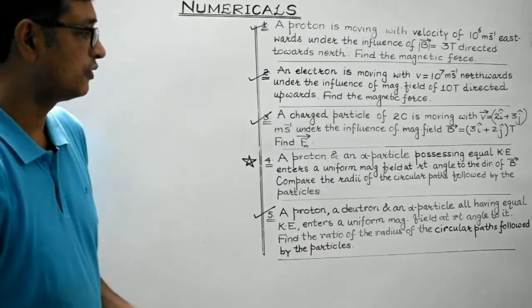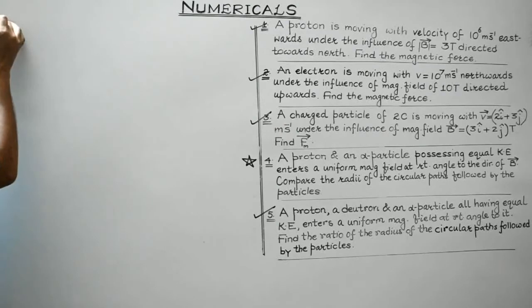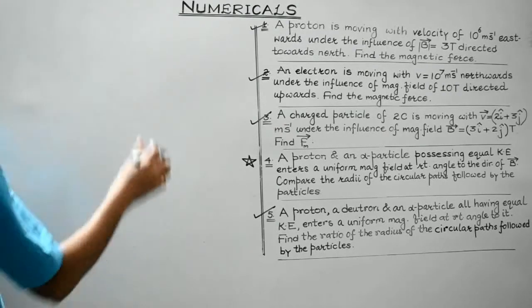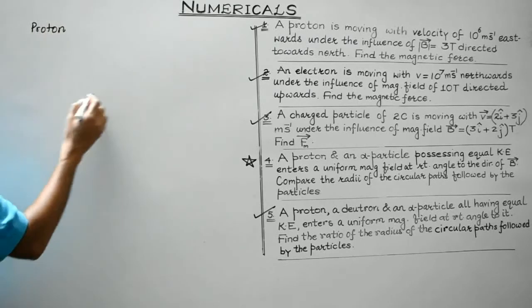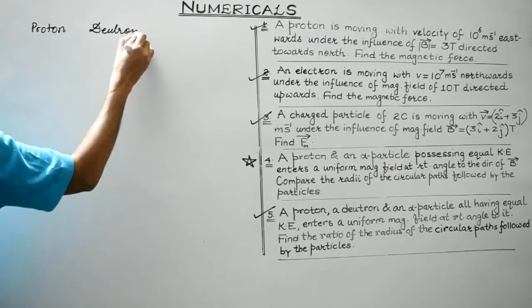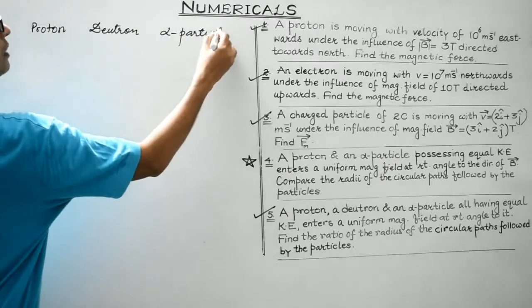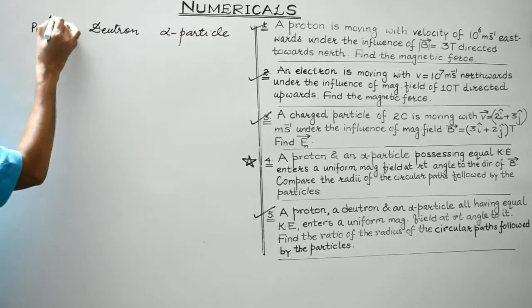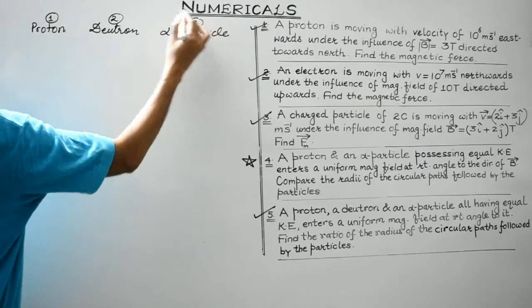Find the ratio of the radius of the circular paths followed by the particles. First and foremost, these are the three particles. Proton, second one is deuteron, and third one is alpha particle. Let us consider this to be the first particle, this one is second, and this one is third.